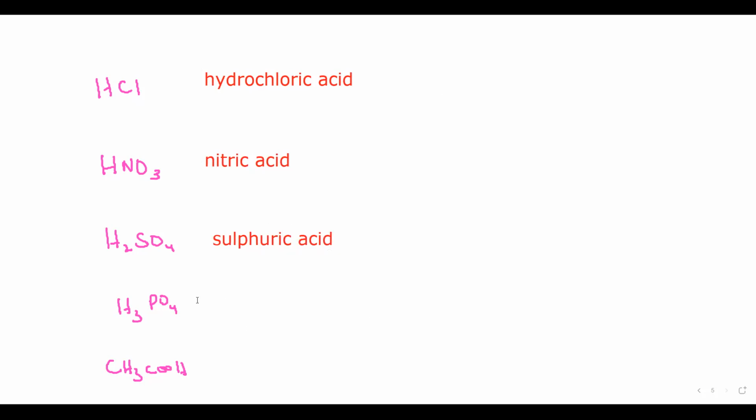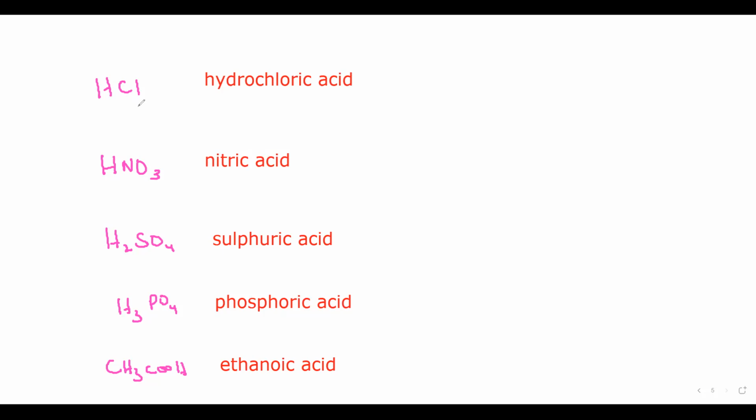H3PO4 is known as phosphoric acid. And CH3COOH is known as ethanoic acid. So these are different types of acids. You have to memorize the names, and then it is easy to identify a substance as an acid or not.